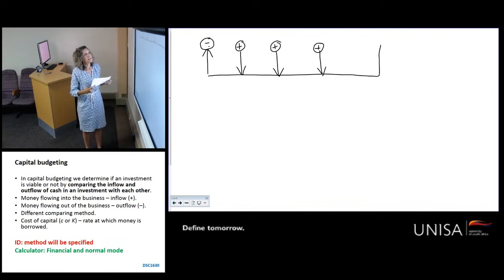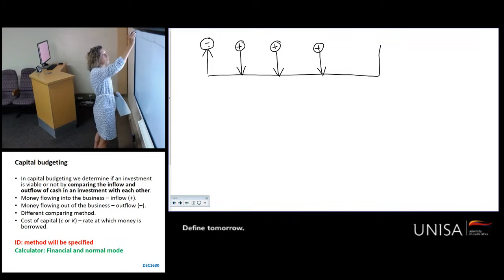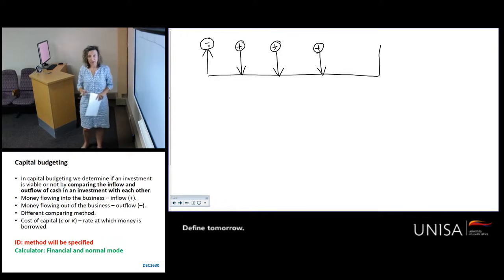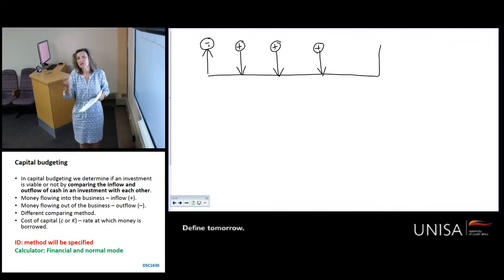Now, there are different ways that we will compare these positive values and this negative value. And the differences between them will give us our different types of formulas or methods that we look at.